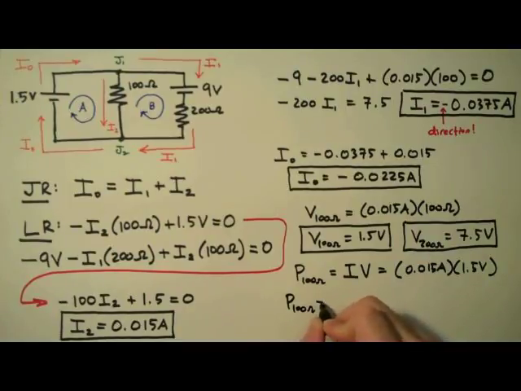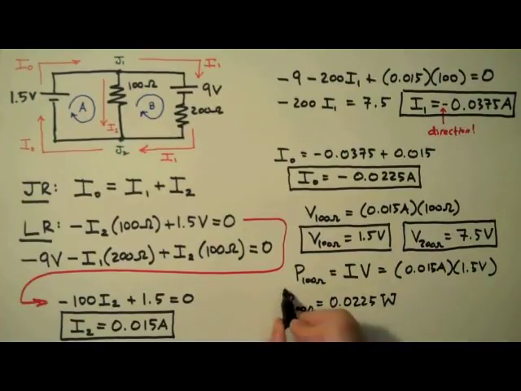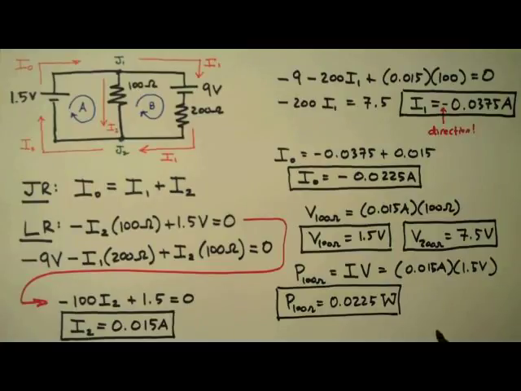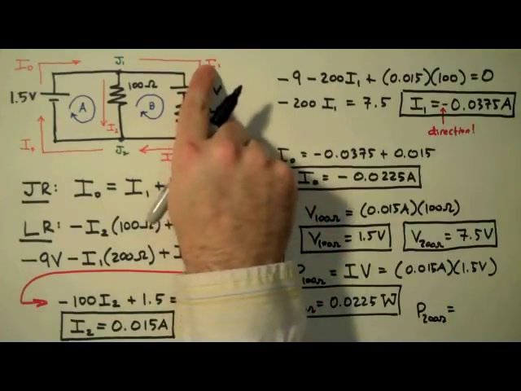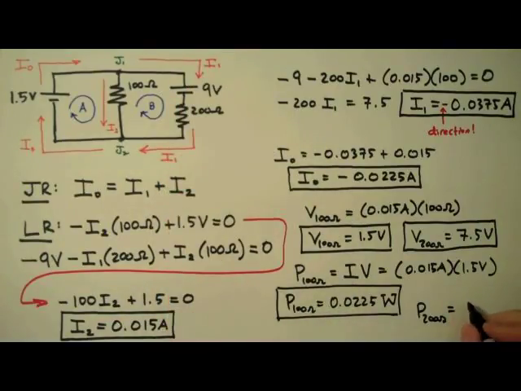And we find out that the power dissipated by the 100 ohm resistor is going to be 0.225 watts, 22.5 milliwatts. And to determine the power dissipated by the 200 ohm resistor, we're just going to multiply the current times its resistance value, which yields 281.25 milliwatts. And I'll box this up.